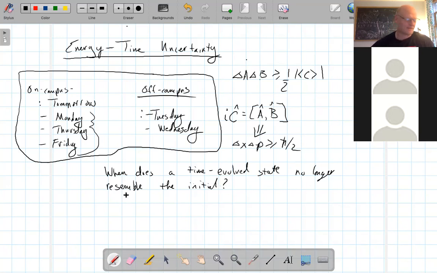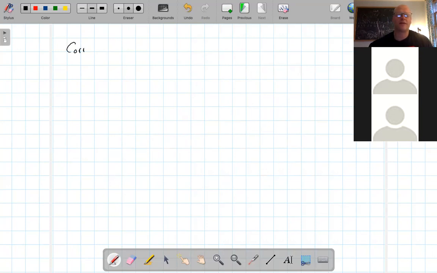The way we're going to quantify this is to talk about something called the correlation amplitude. So correlation amplitude, we're going to call that C of t.